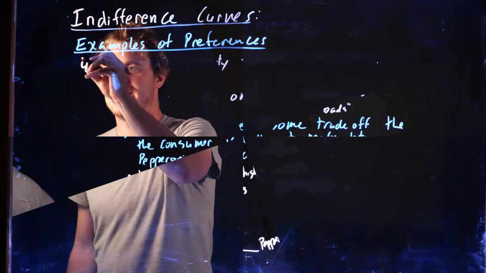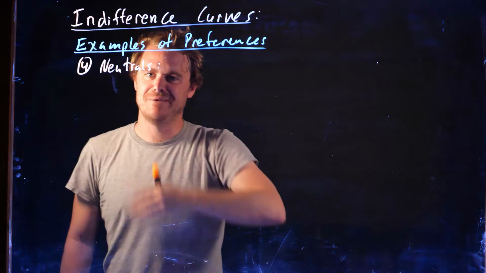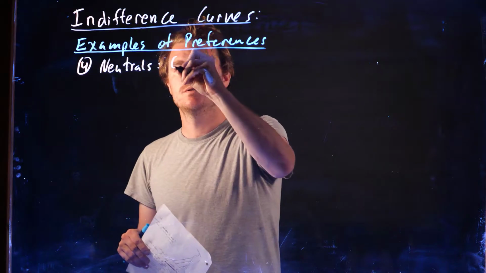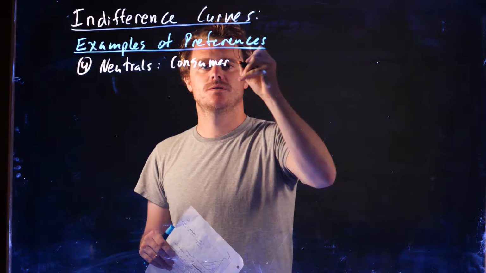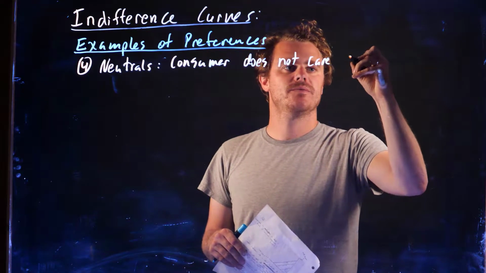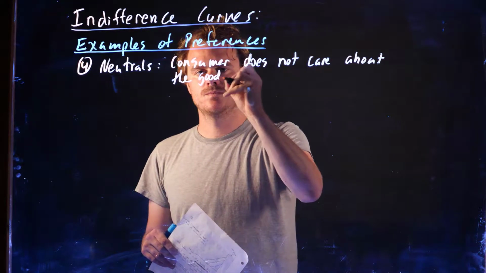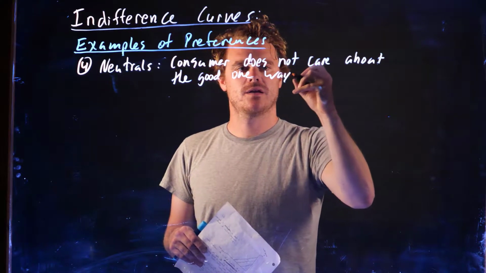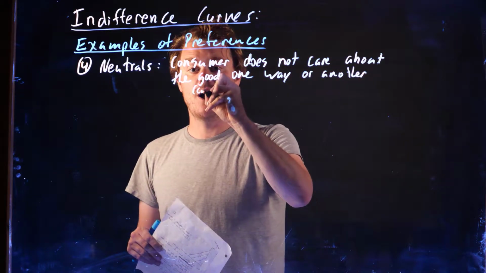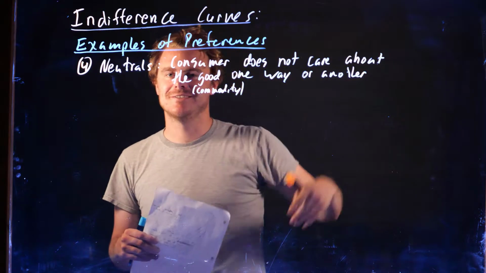So the fourth example we could look at is neutrals. As the name suggests, this is just where a consumer doesn't care one way or another about the commodity. Sorry, commodity is maybe the better word there, because good implies something about it, right?